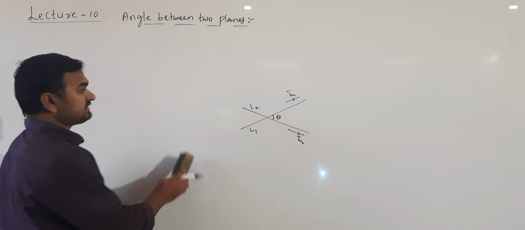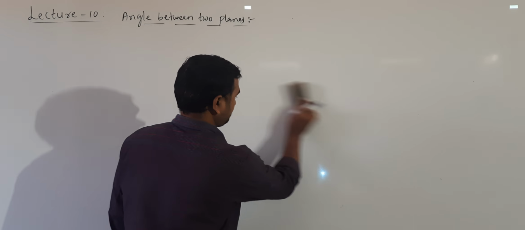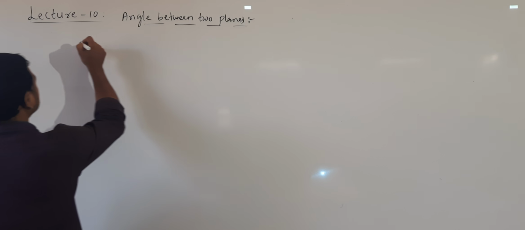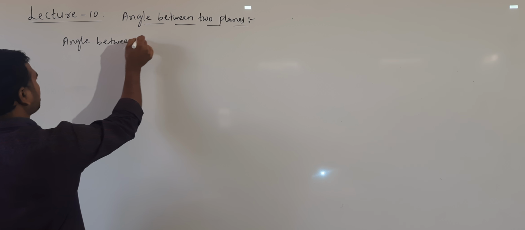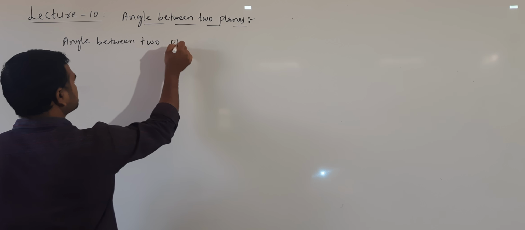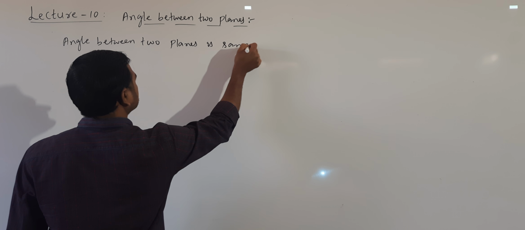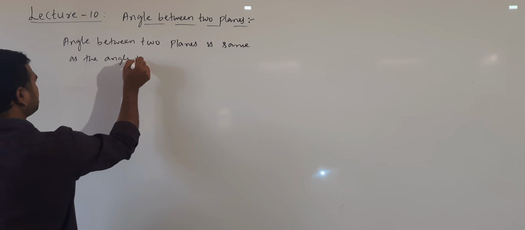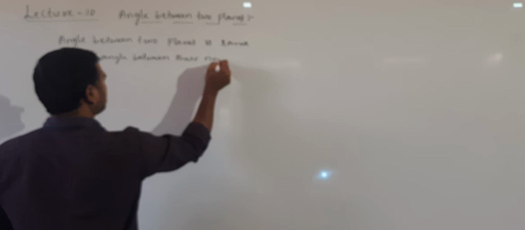Now here we need the angle between two planes. The angle between two planes is the same as the angle between their normal vectors.